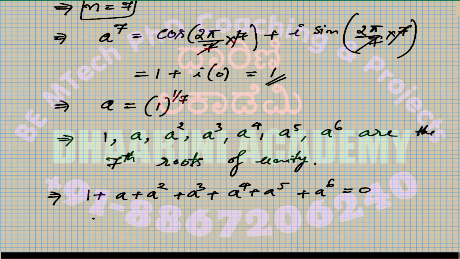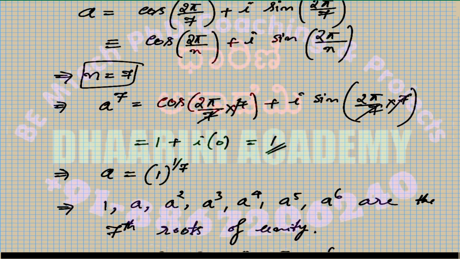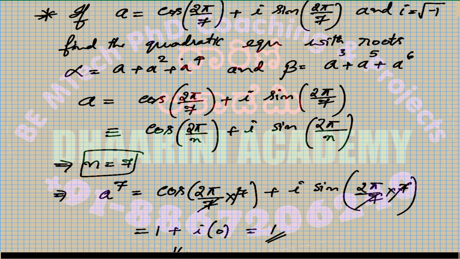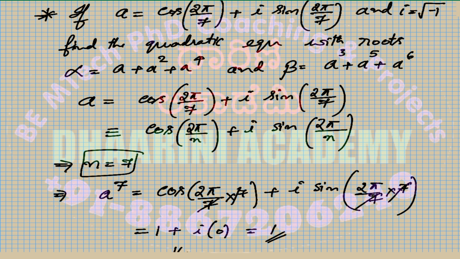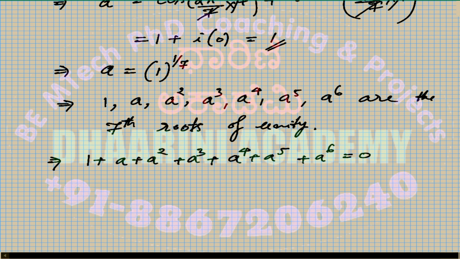Out of which, let's separate the terms. What has already been given is that a square and a to the 4, that sum is alpha.